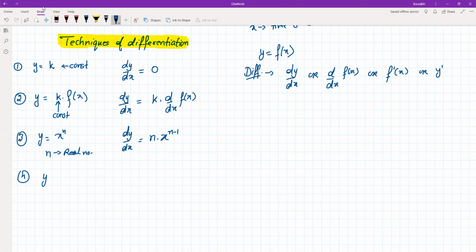dy by dx or d of f of x by dx or f dash x or y dash. These are just representations of the same thing.